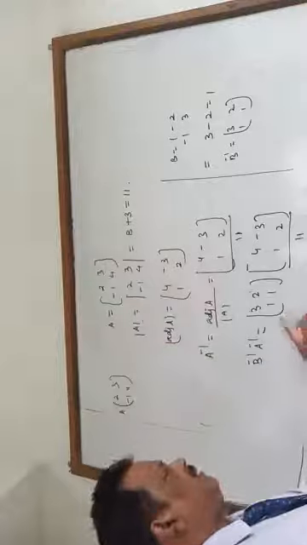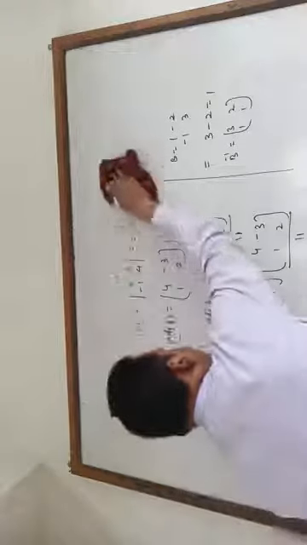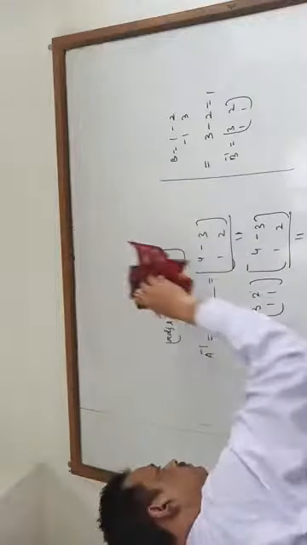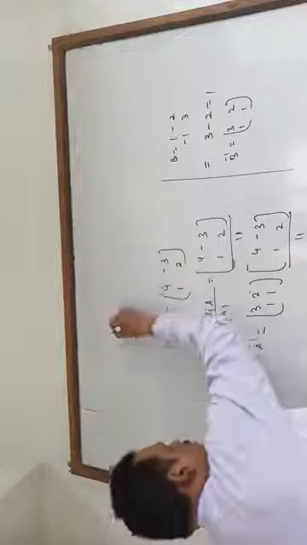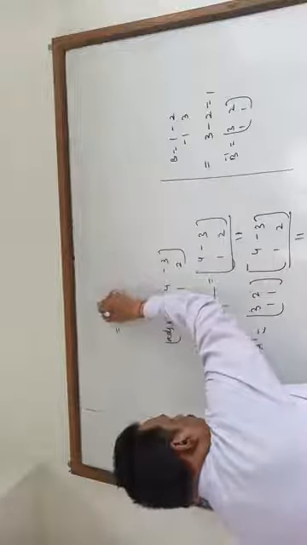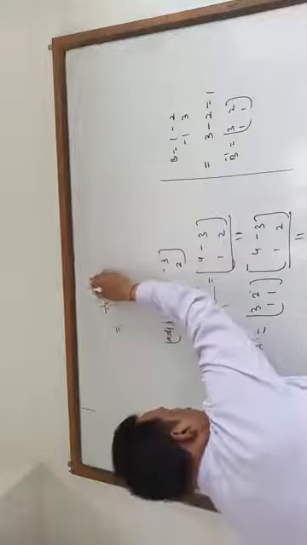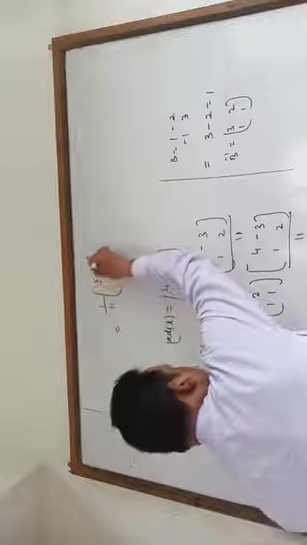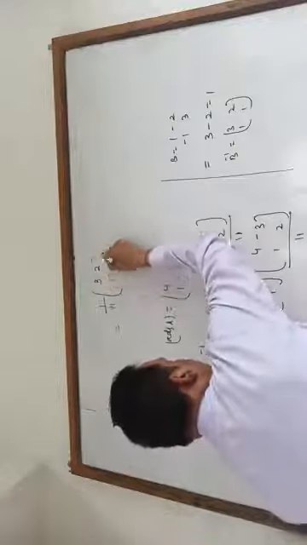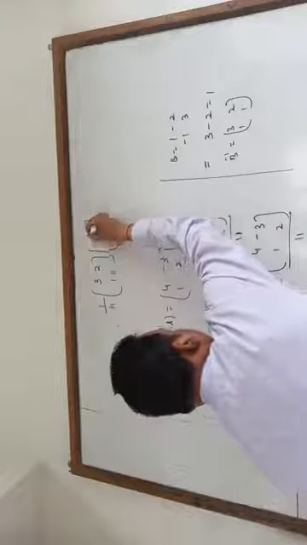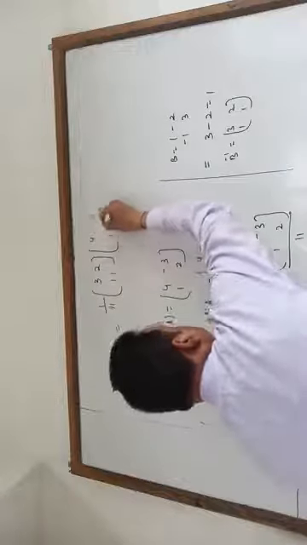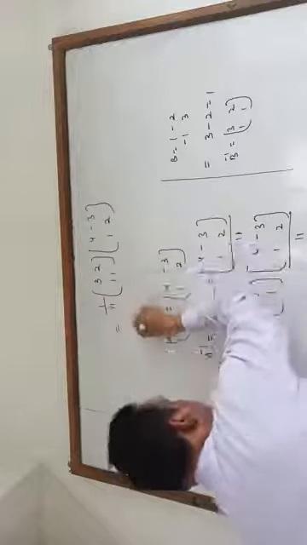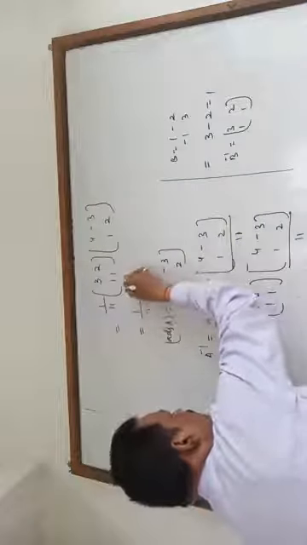So this 11 will keep outside. Keeping 1 by 11 outside, you are getting 3 2 1 1 times 4, minus 3, 1, 2.